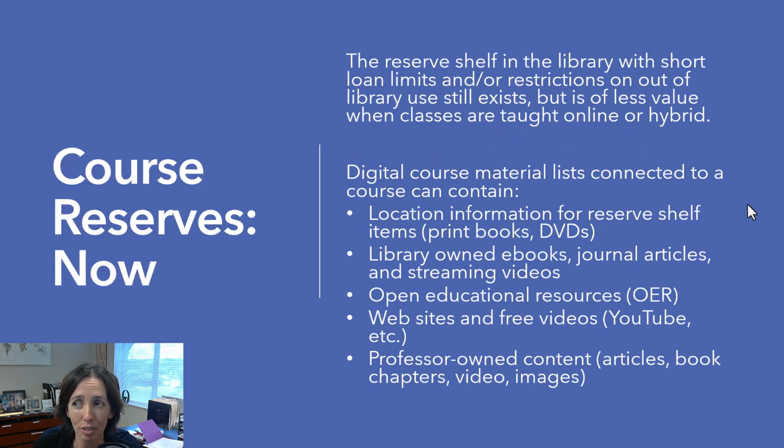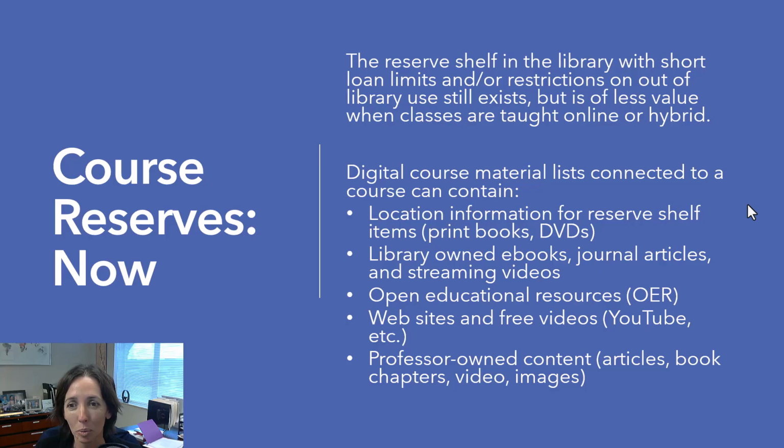So what's different now? We still have a physical reserve shelf. But we are clearly doing a lot more digitally. So the traditional reserves idea obviously became a lot less valuable, especially in the era of the COVID-19 pandemic when we weren't on campus. And so all of those physical reserves were kind of unusable.